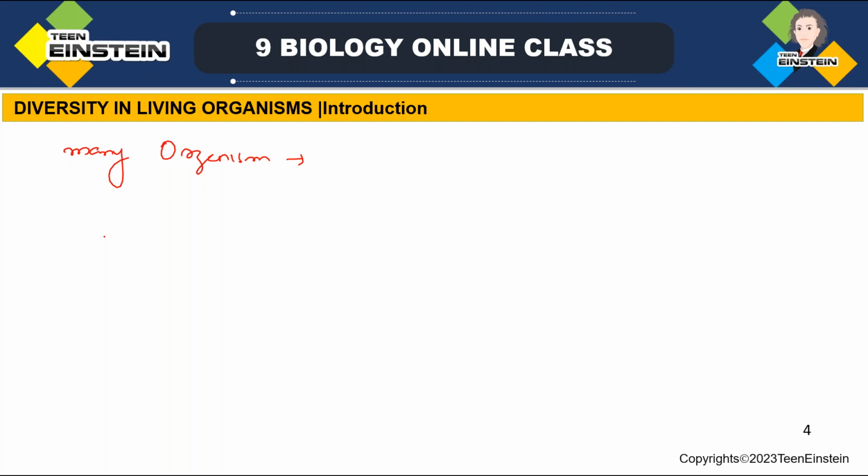And how we classify the organisms, that classification is based on similarities and differences. See, in this group, 10 members are there. Based on similarities, they are coming into the same group. Based on differences, we are classifying two groups, group A and group B. So you should get the basic idea.